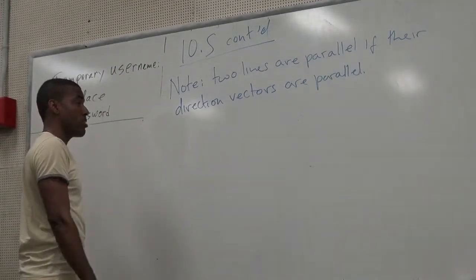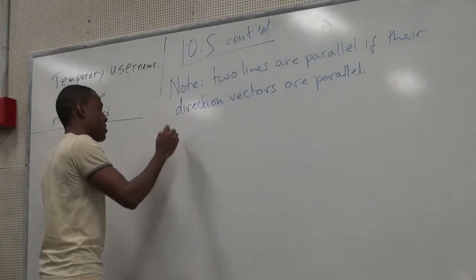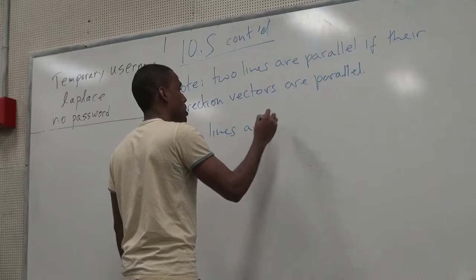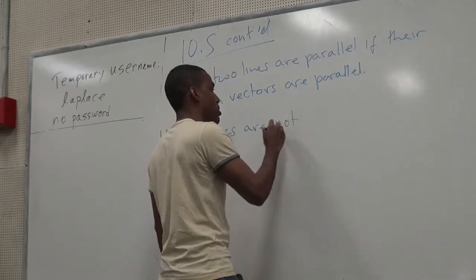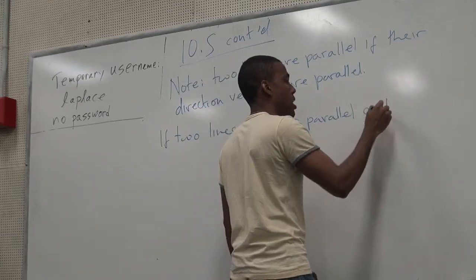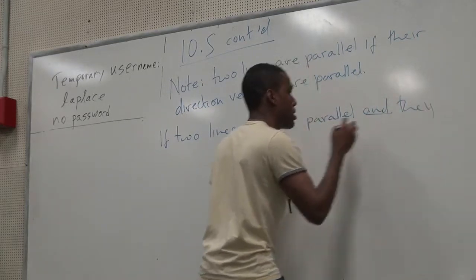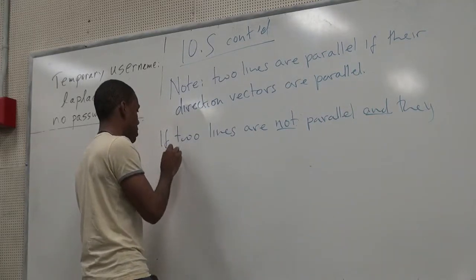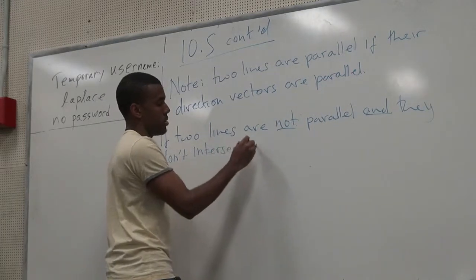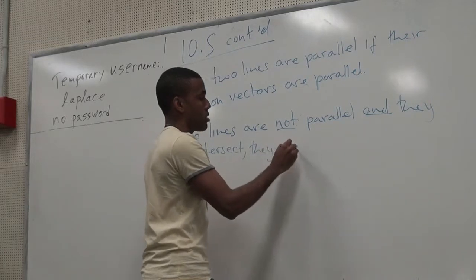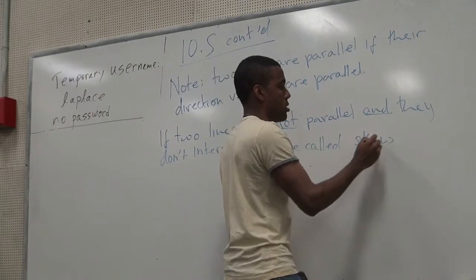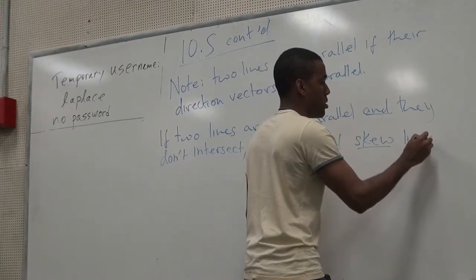Okay, so if two lines are not parallel and they don't intersect, they are called skews.